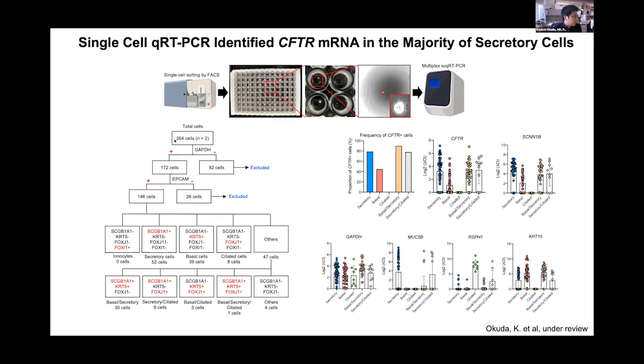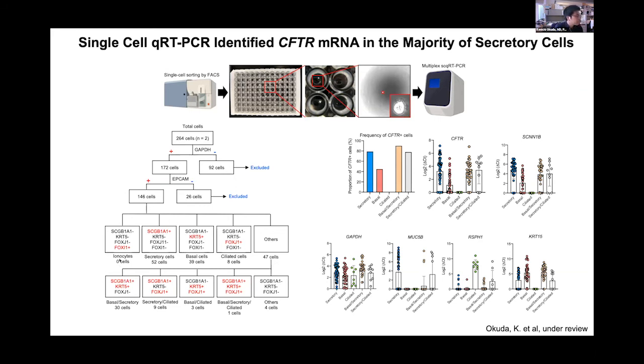We studied 264 cells from 2 healthy volunteers, and we did quality control using GAPDH and EpCAM positive cells, and only 146 cells passed this quality control. Then we assigned each cell based on cell type markers: FOXI1 positive cell and negative for all other 3 cell types, or SCGB1A1 positive and negative for other cell types, like that.